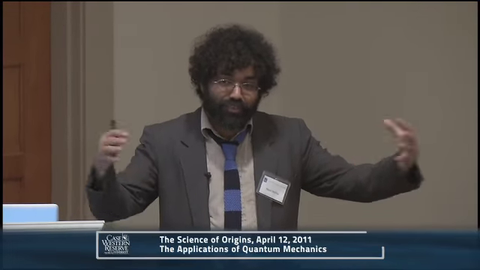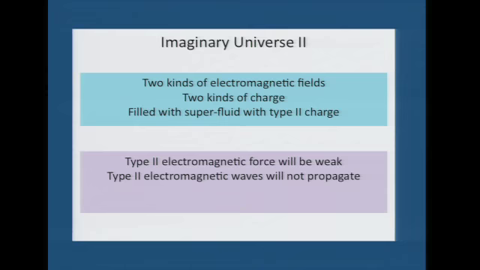And I'm also going to imagine that this universe is full of a charged superfluid, but the superfluid only has type 2 charge. What's going to happen in this universe? Well, in this universe, the type 2 electromagnetic force is going to be weak, and it's going to be dark as far as the type 2 kinds of electromagnetic waves are concerned, because this superfluid will block those waves.